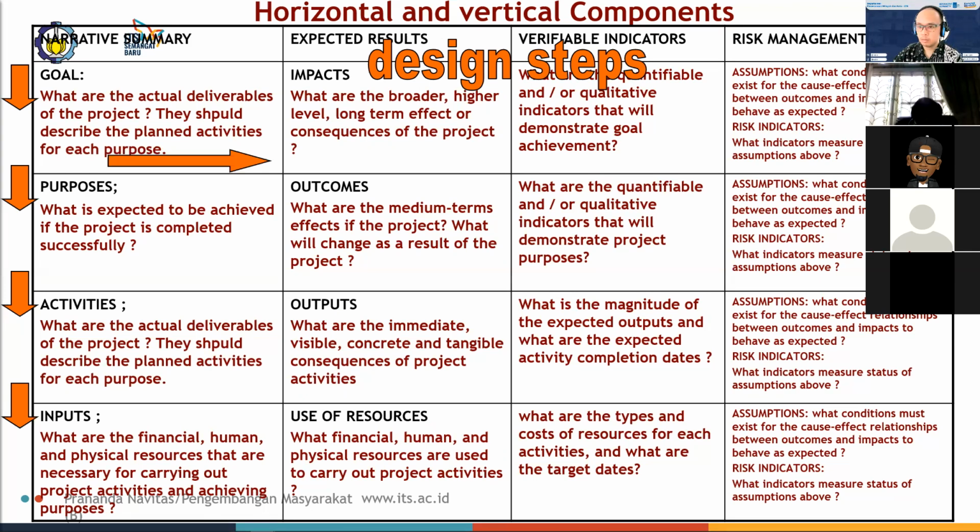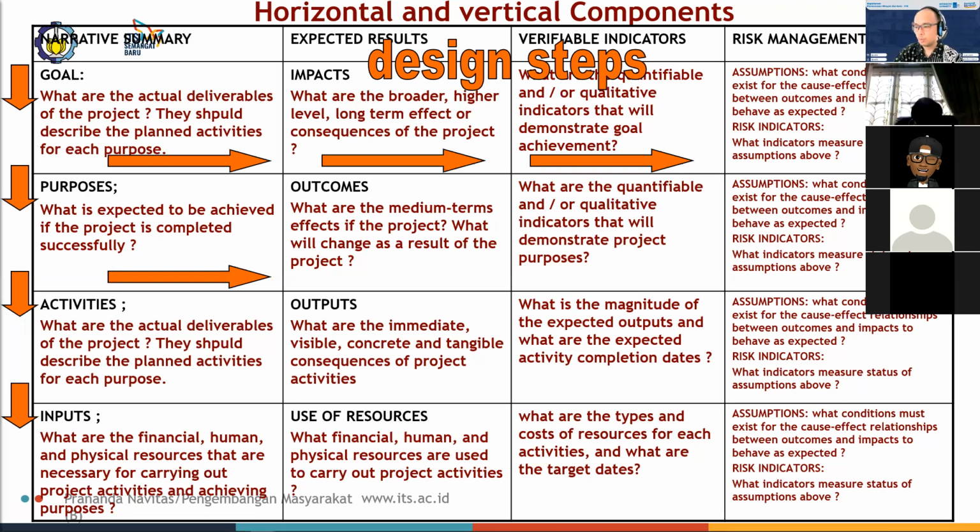Then of course you need to verify the steps or the components vertically. You need to verify them horizontally by considering the impacts, considering what the indicators are, and finally, once you've established the verifiable indicators, then what your assumptions and risk indicators are.